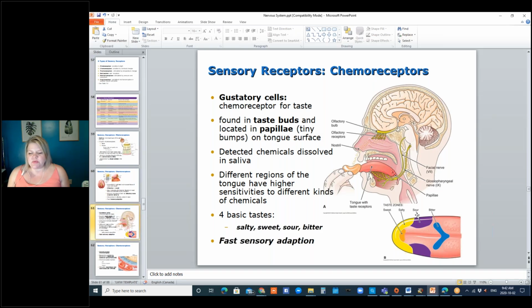So generally, sweet is more on the tip of the tongue, sour is more on the edges, where bitter is at the back. The 4 basic tastes are sweet, sour, salty, and bitter. And they also have fast sensory adaptation, which means your first bite might be very powerful and tasty and slowly diminishes and desensitizes as you move through the meal.